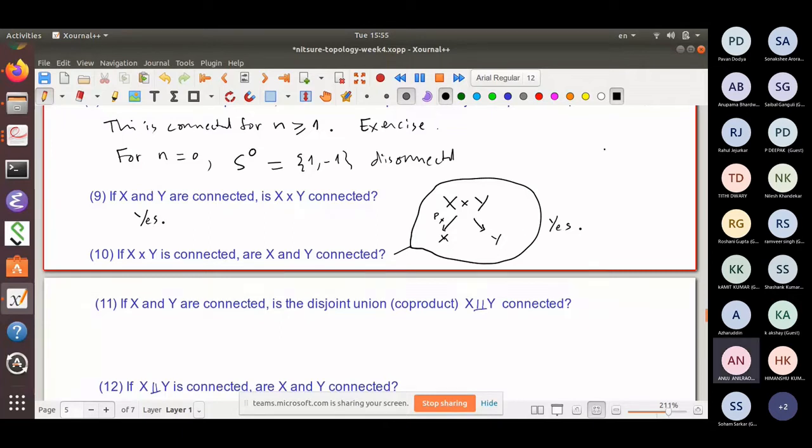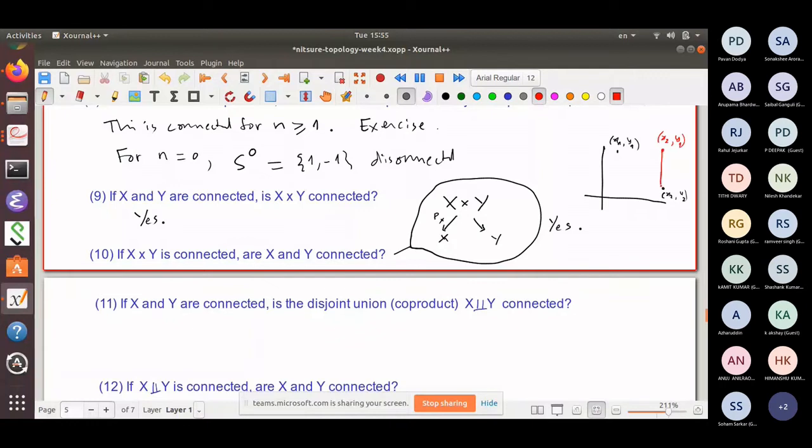If I have 2 points, x1, y1, and the other point x2, y2, I want to go from here to here using x is connected and y is connected. What should I do? I should introduce a new point, and that new point is going to be x2, y1, right?